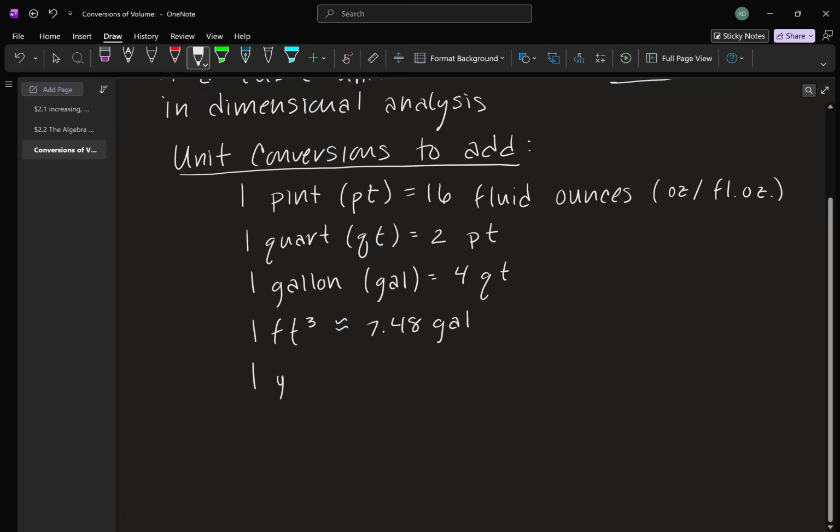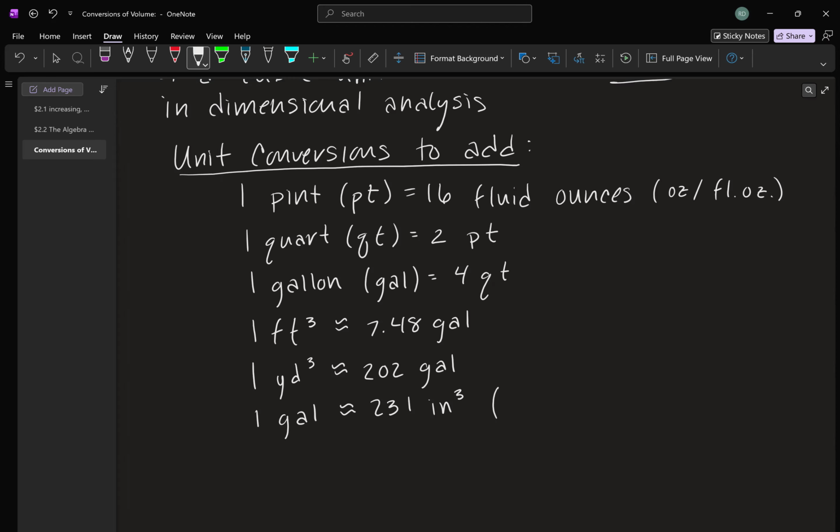One cubic yard is approximately 202 gallons. 1 gallon is approximately 231 cubic inches. And this one's going to be a little bit like the acres, where this is given to you in cubic inches. But if you want to remember to cube, like I usually prefer, you want to do 6.14 inches cubed.